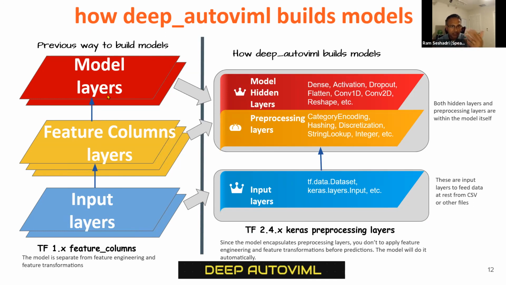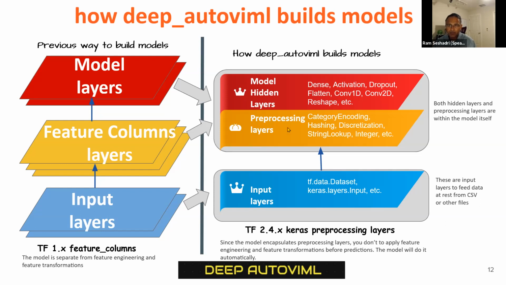And then you would have a model, which is a sequential model, which will have multiple deep learning layers. In Keras 2.4 and higher, currently we use 2.5, you have the same inputs, keras.layers.Input, and TF data set, which are slightly different from the previous version.